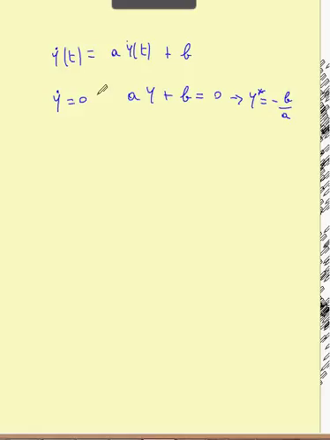So the differential equation becomes y dot of t minus a y of t equal to b. B remains on the right hand side, as 0 in the previous case.